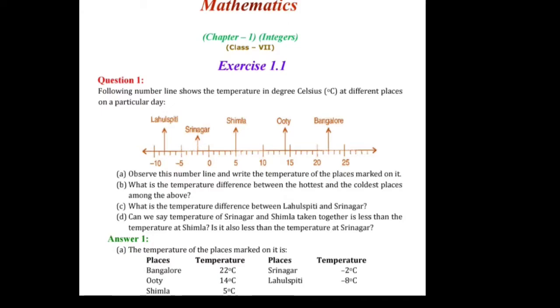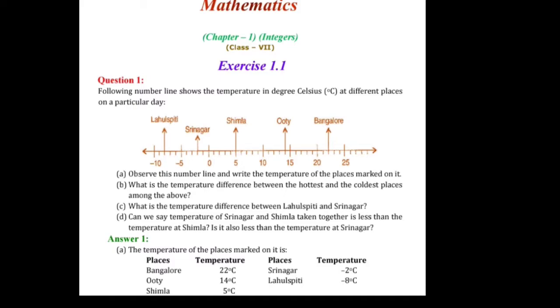Now students, in exercise 1.1 question number 1, it is given that the following number line shows the temperature in degrees Celsius at different places on a particular day.